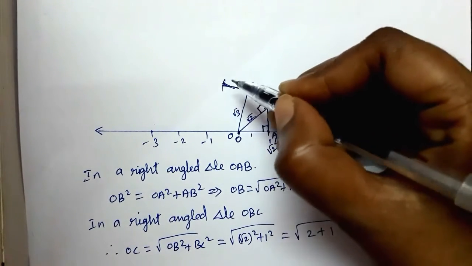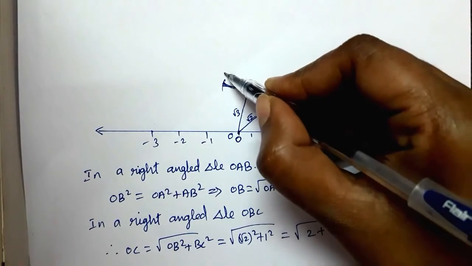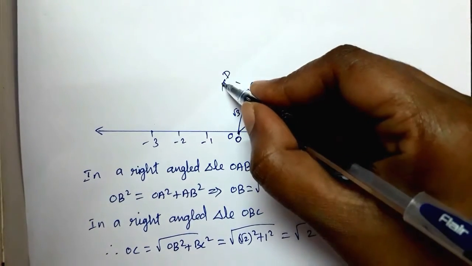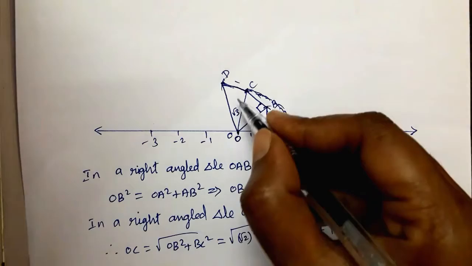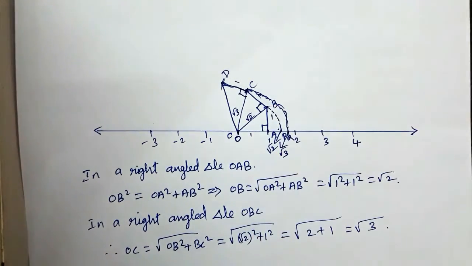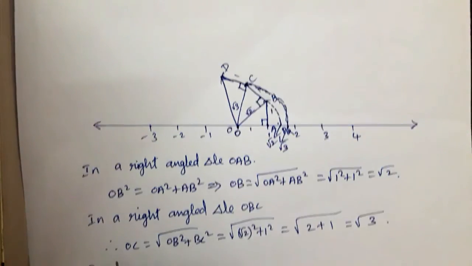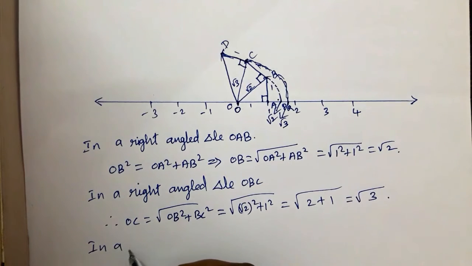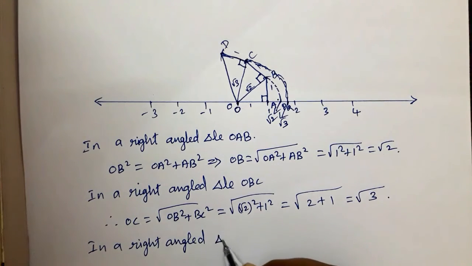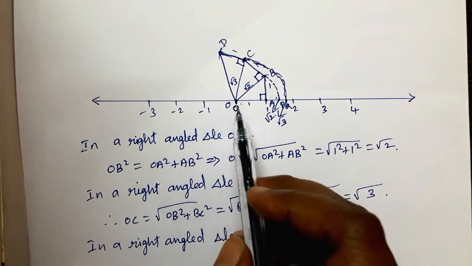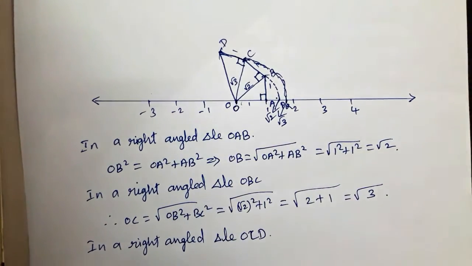After that, cut 1 unit. It is named D. Now join O and D. Again it is a right angle triangle. So in right angle triangle OCD, OD is the hypotenuse, and OC and CD are the other two sides.